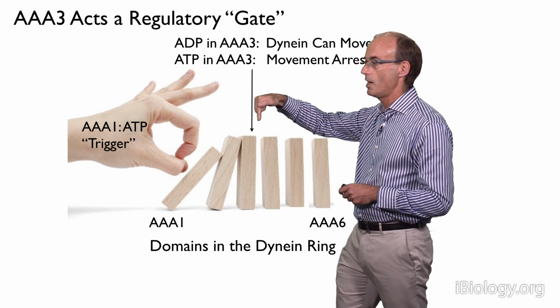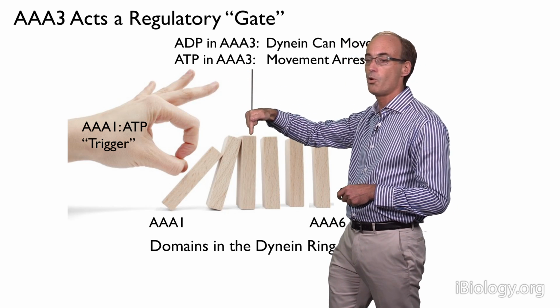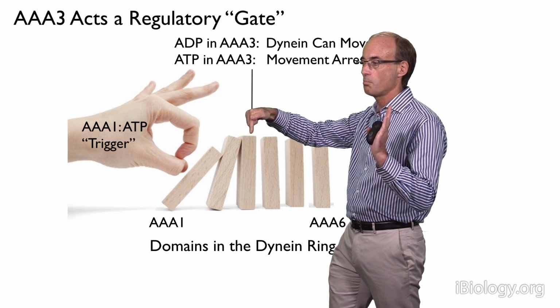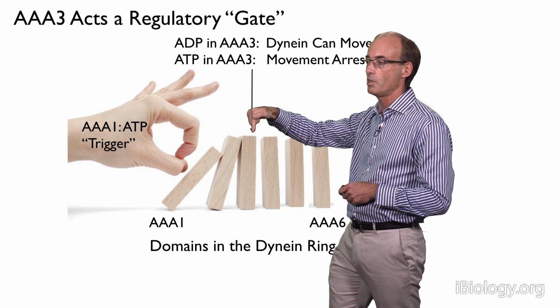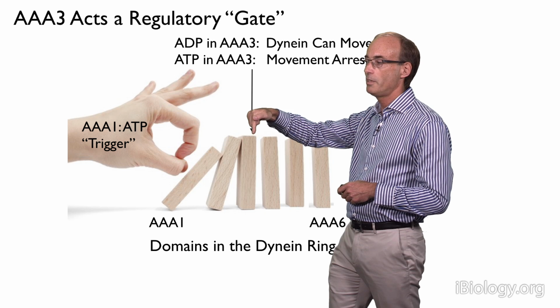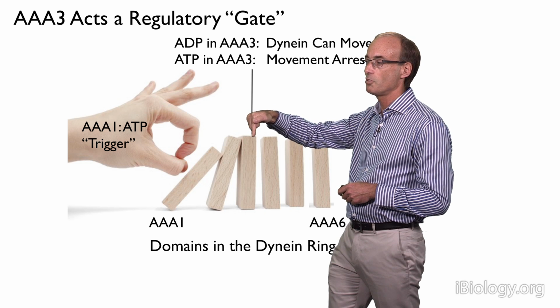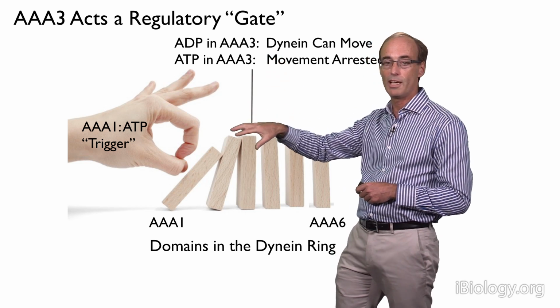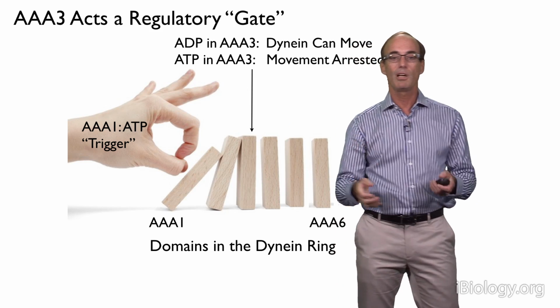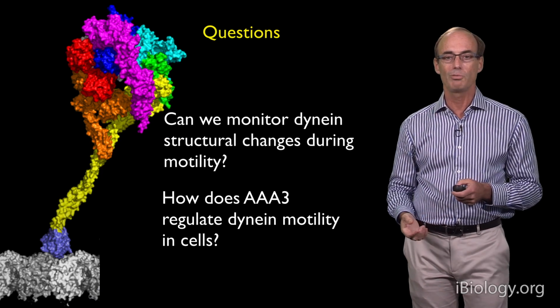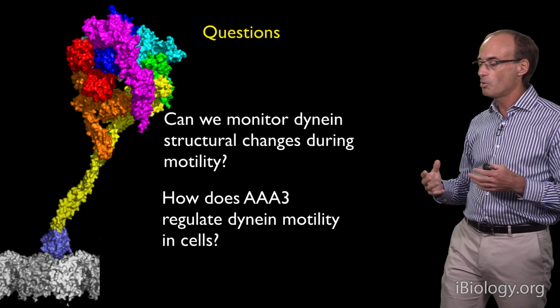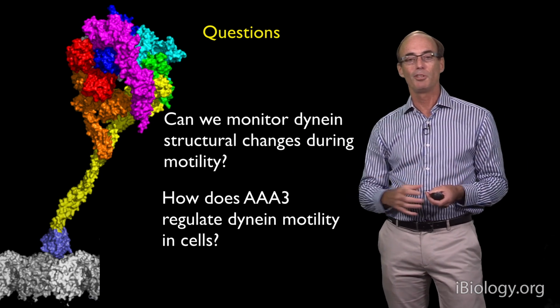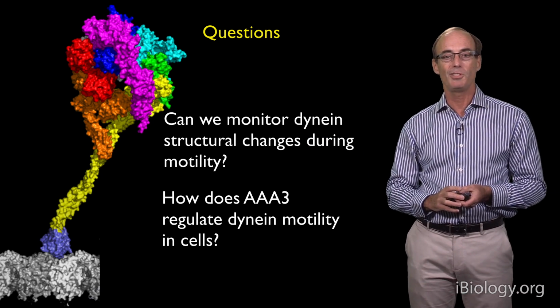It's almost as if I have a finger holding this domino down and preventing the propagation from going any further. So the blocking of the conformational change, or the release to allow it, seems to be the primary activity of AAA3. So that gives an update of what we've learned about dynein in the last few years.